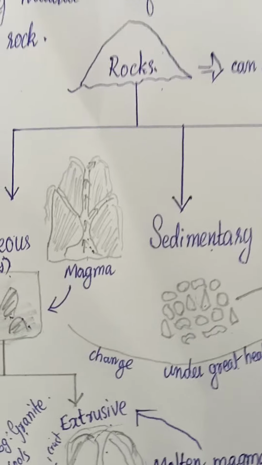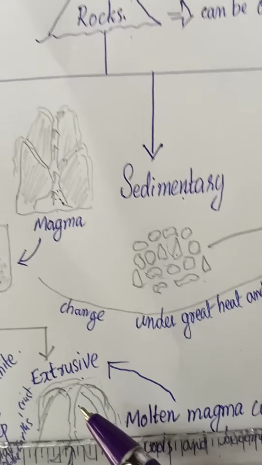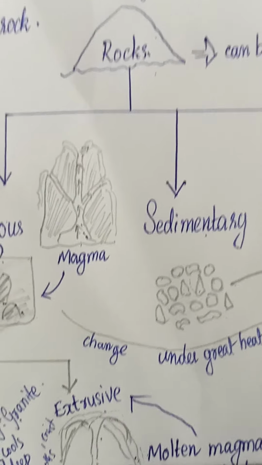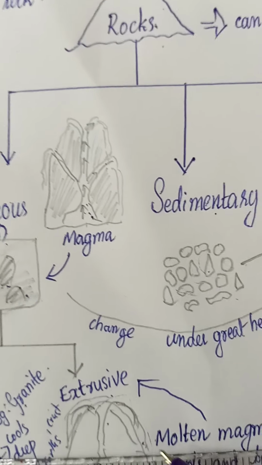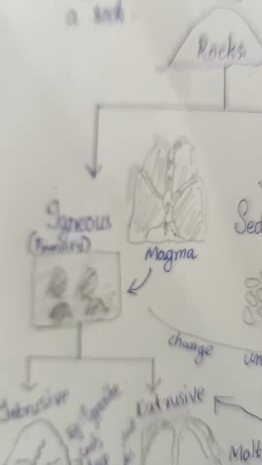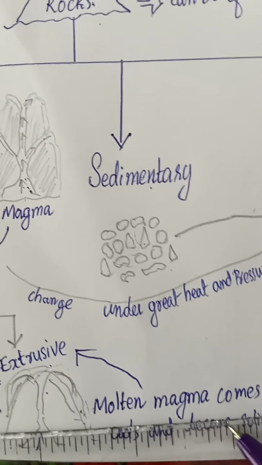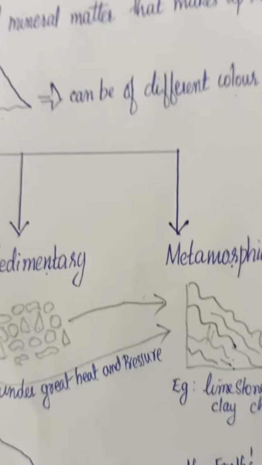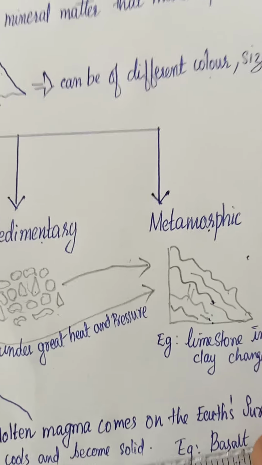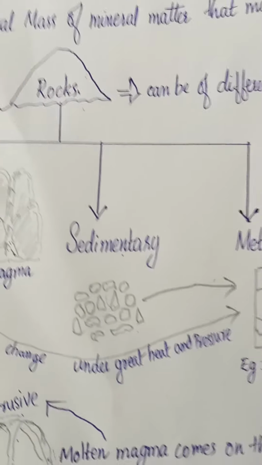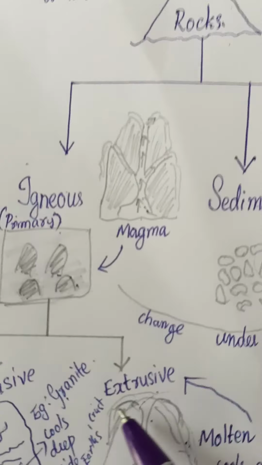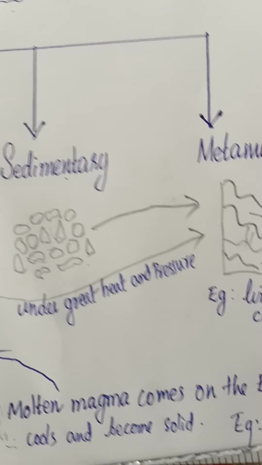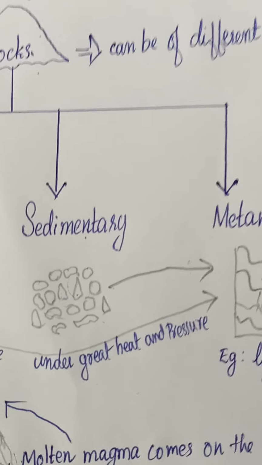Next, extrusive rocks: molten magma comes out onto the earth's surface and cools down, forming extrusive rocks. Basalt is an example.